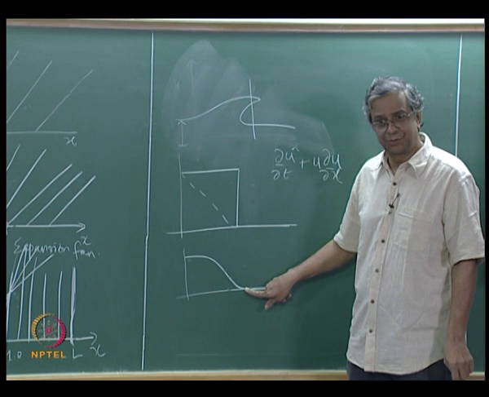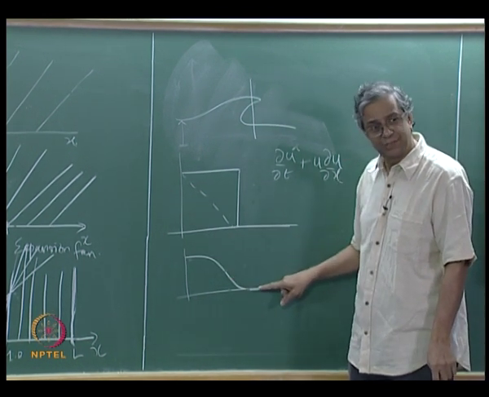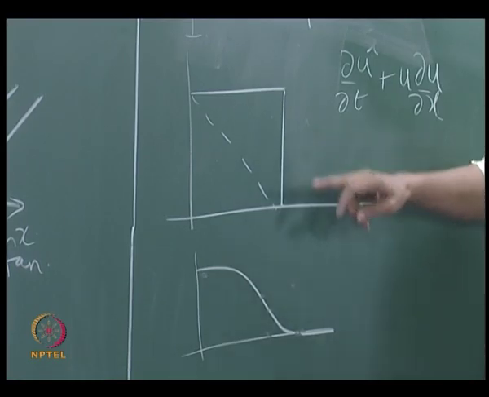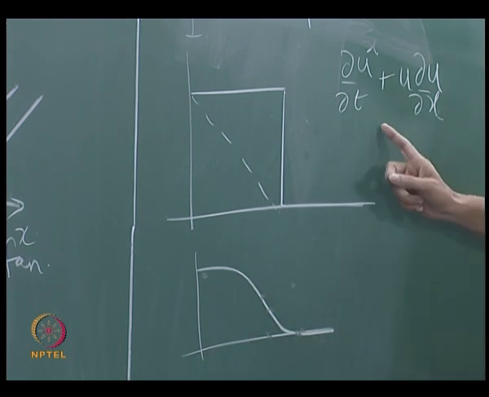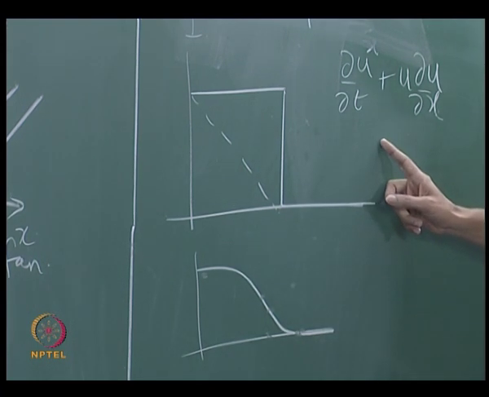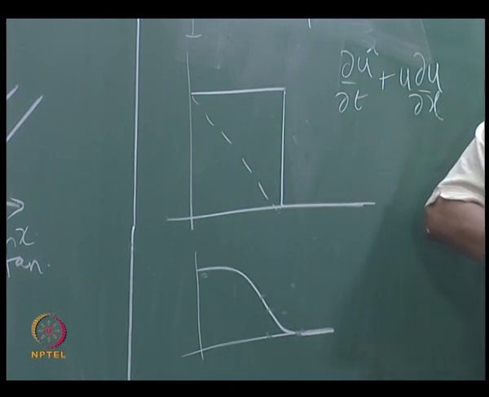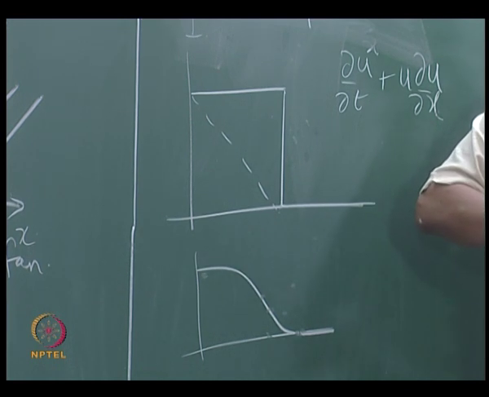So if you just have a smooth initial condition, in the demo we went from here to here, but if you had started off with this and you were solving this equation, this is going to become that. It is a competing, opposing effect, am I making sense, which is interesting.